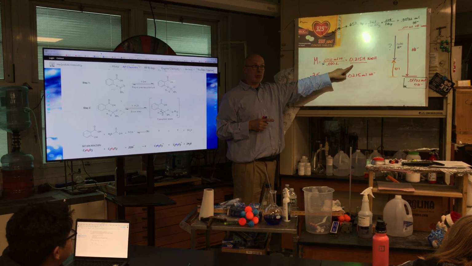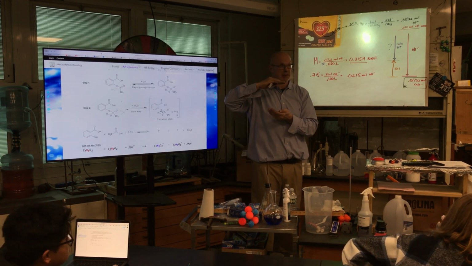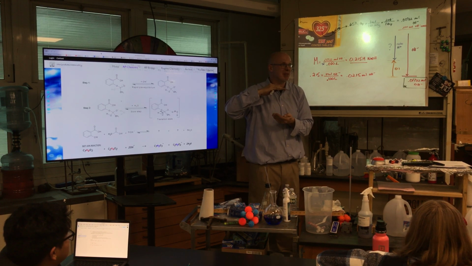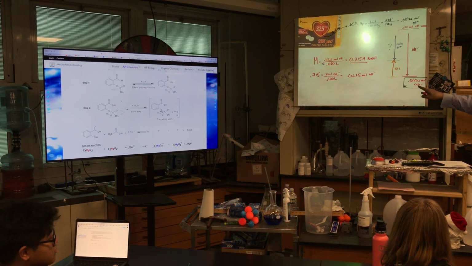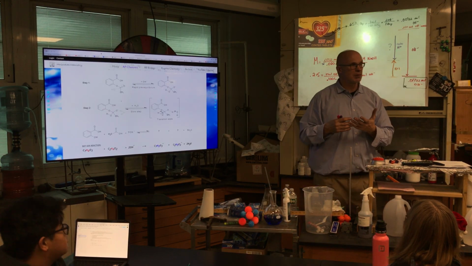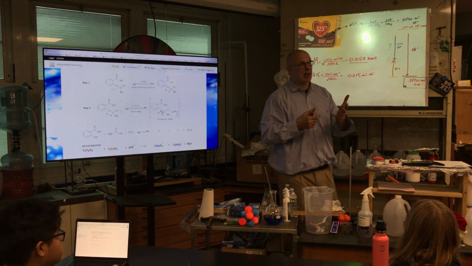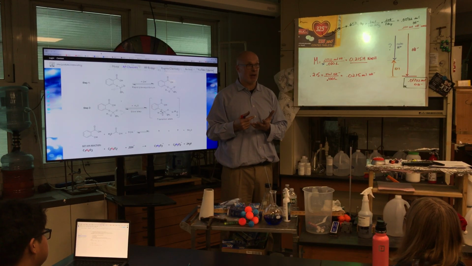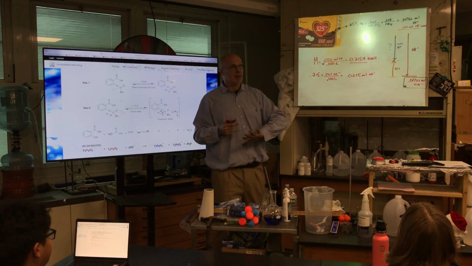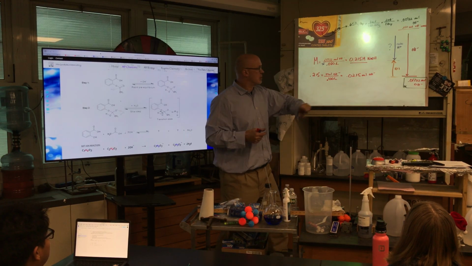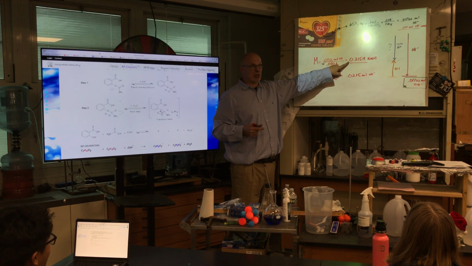Now, if I want to make this solution, I'm going to start with a 100 milliliter volumetric flask. I'm going to make 100, I don't have 80 milliliters. Besides, that wouldn't be smart. If I design this around 100 milliliters to make this number of moles, I'll pour that out and have nothing to standardize. I've got to take part of the base that I make and standardize. So what we did, arbitrarily decided, let's use 80 of the solution I'm going to make to deliver those moles. Therefore, I'll need that concentration to do that.